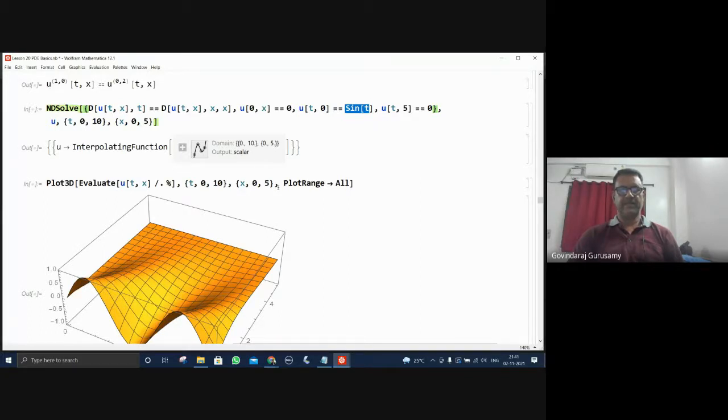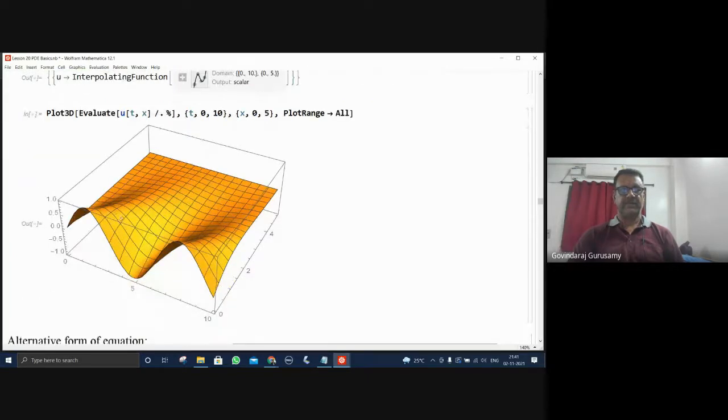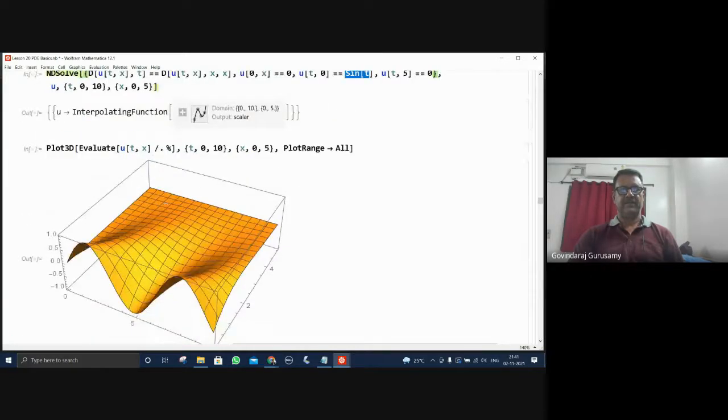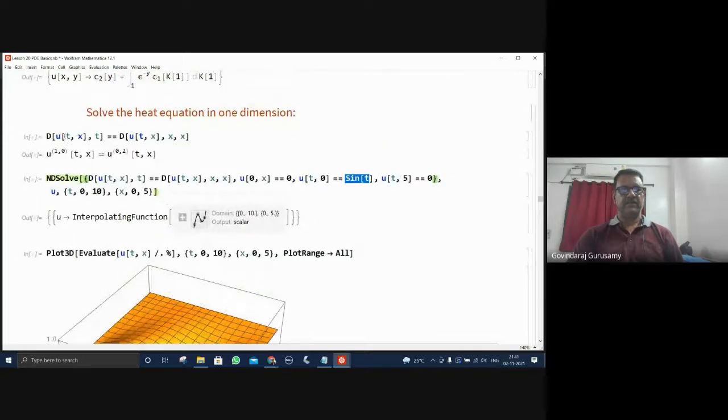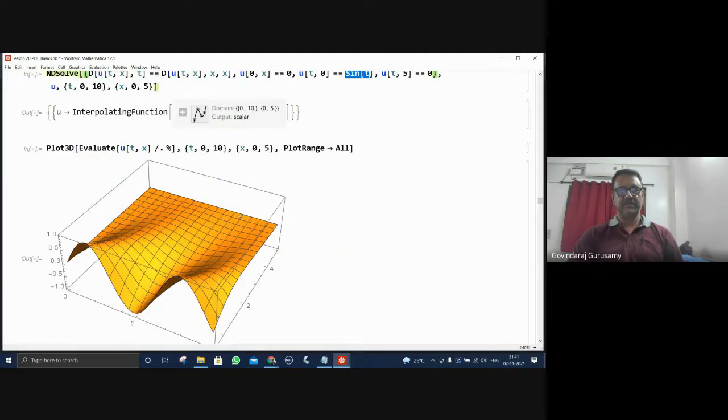As time progresses, what happens to the heat in the system? Initially this is the heat structure at time t equal to 0. As time goes on, this is what is going to happen. That's the meaning of this. Your u of t comma x is capital T, the temperature as a function of time and position. This is the result that you have.